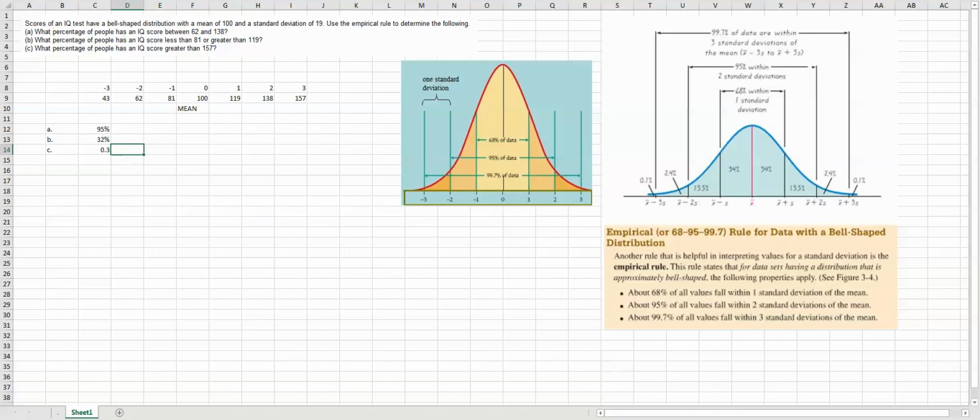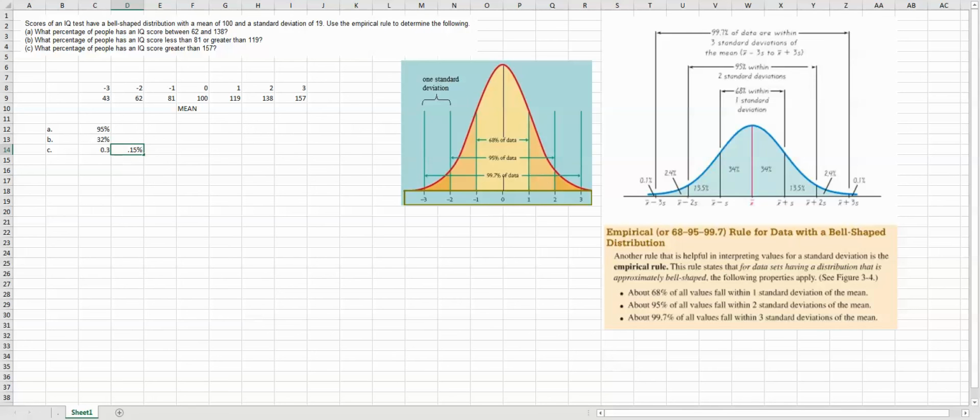Then each tail, each outer part, has to be divided by 2, because this part and that part add up to the 0.3. So I really want half of that, which is 0.15. So 0.15% of the data, not 15%, but 0.15%, let me write that down, would be greater than the 157 mark.